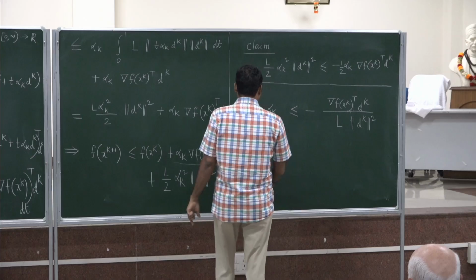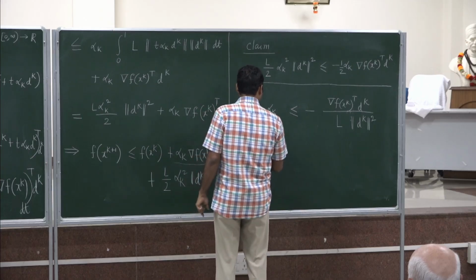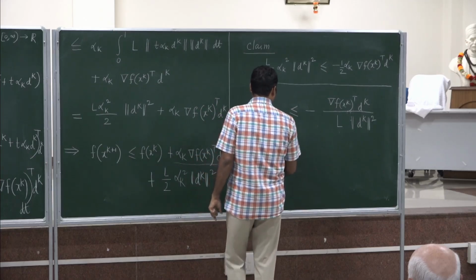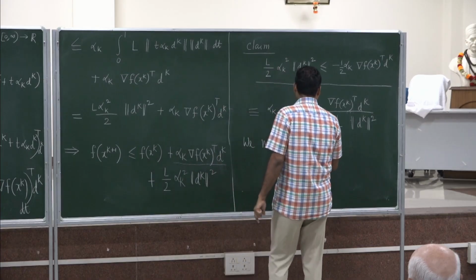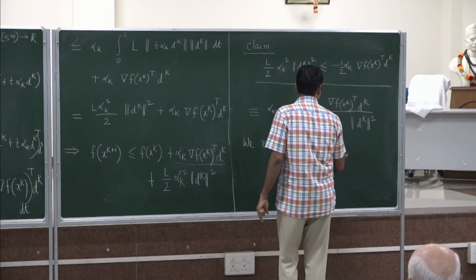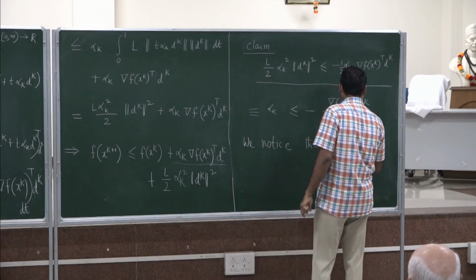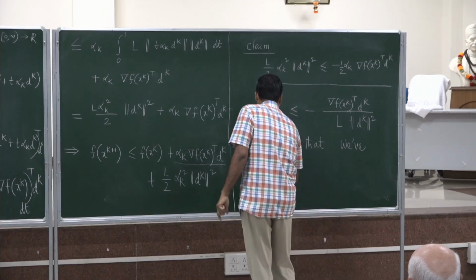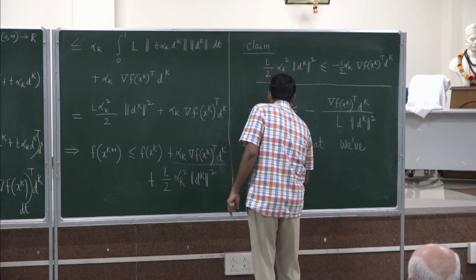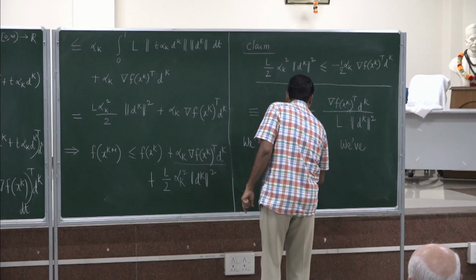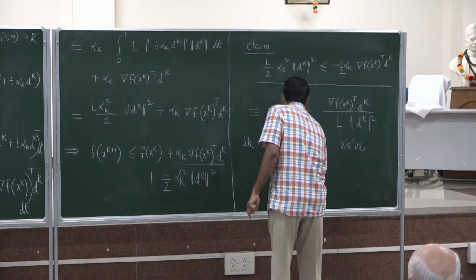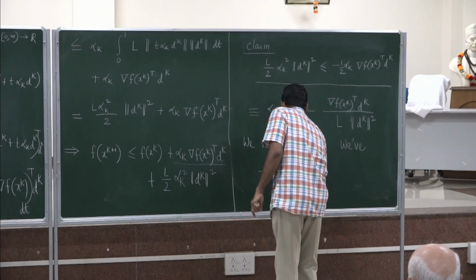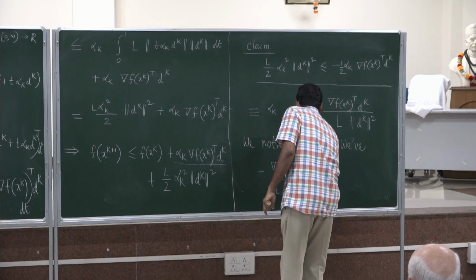and that will be sufficient to show that our claim is okay, is not it? And we notice that to prove our claim, we have negative gradient transpose dk divided by L norm of dk square.